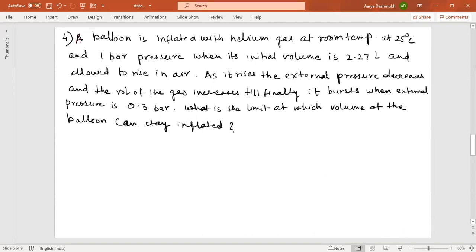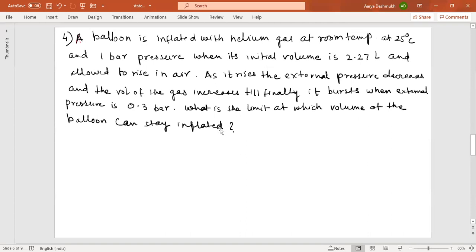As it rises, the external pressure decreases and the volume of the gas increases till finally it bursts out. When it bursts out, what is the external pressure? That is 0.3 bar. From 1 bar it is changing to 0.3 bar. What is the limit at which volume of the balloon can stay inflated?